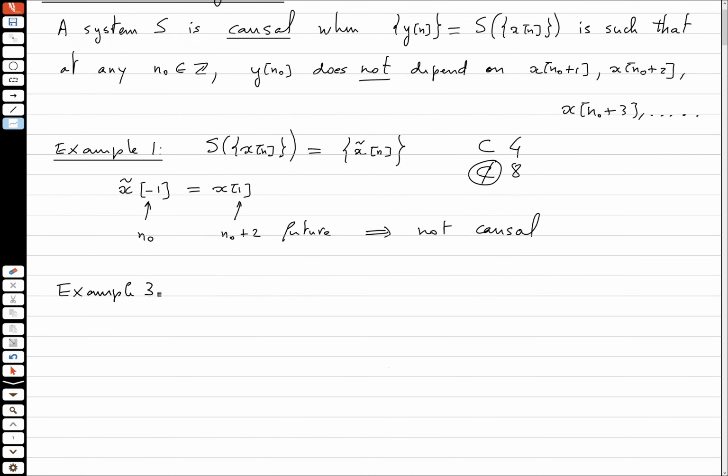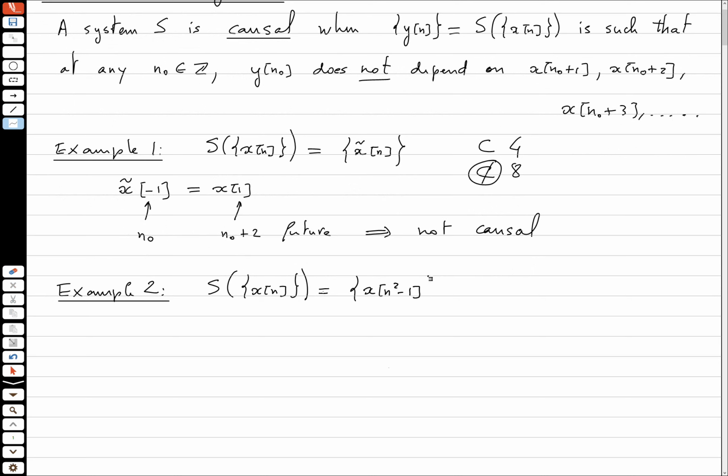Example 3. What is the causality? Is it causal or not?